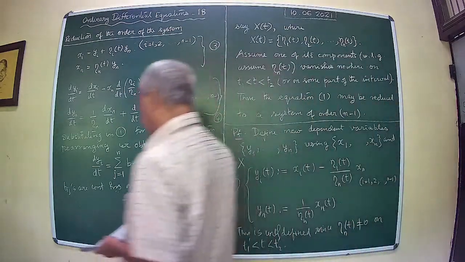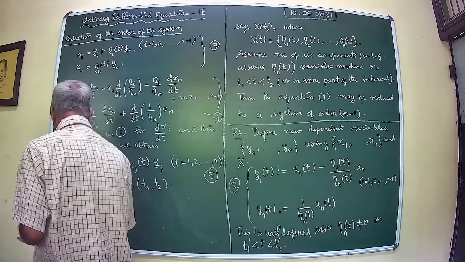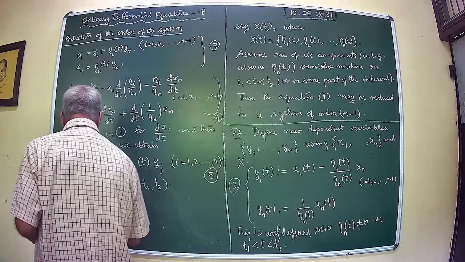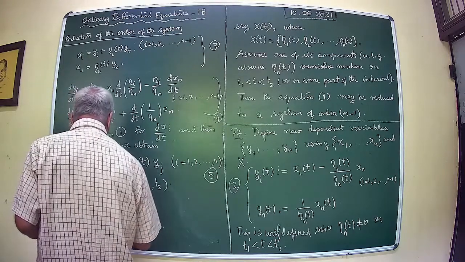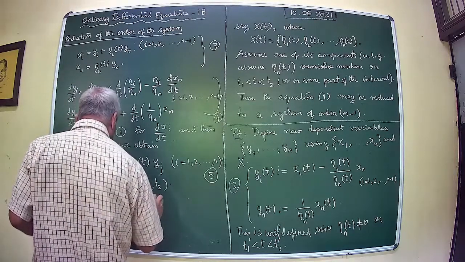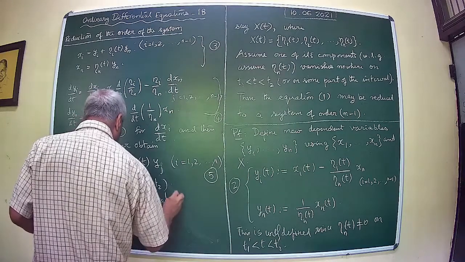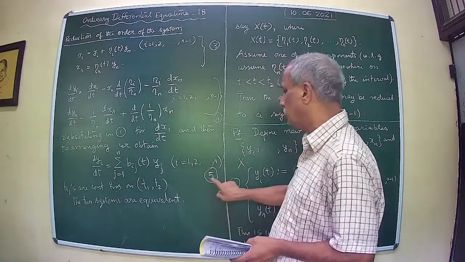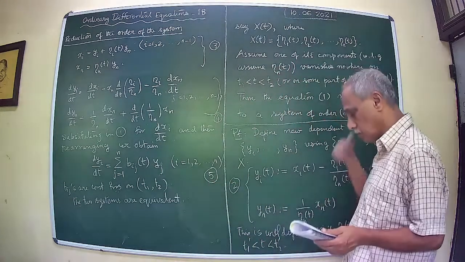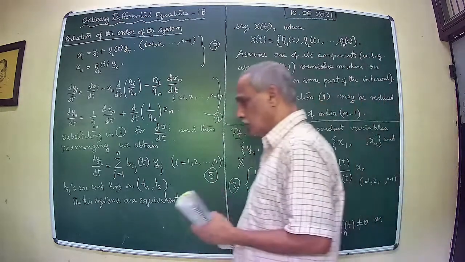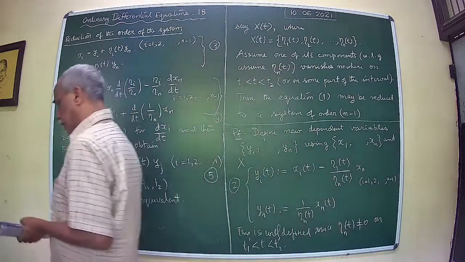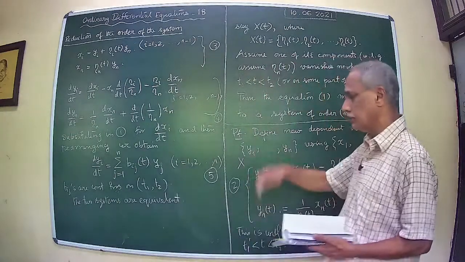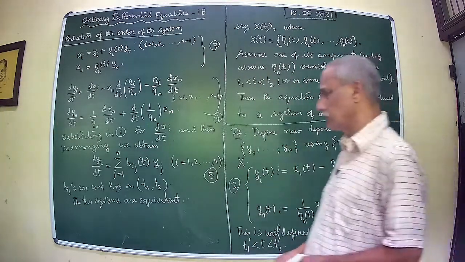Now what we observe is that the two systems are equivalent, by which we mean, suppose you solve the system 5, then you know the solution of system 1 and vice versa. So the two are equivalent systems.